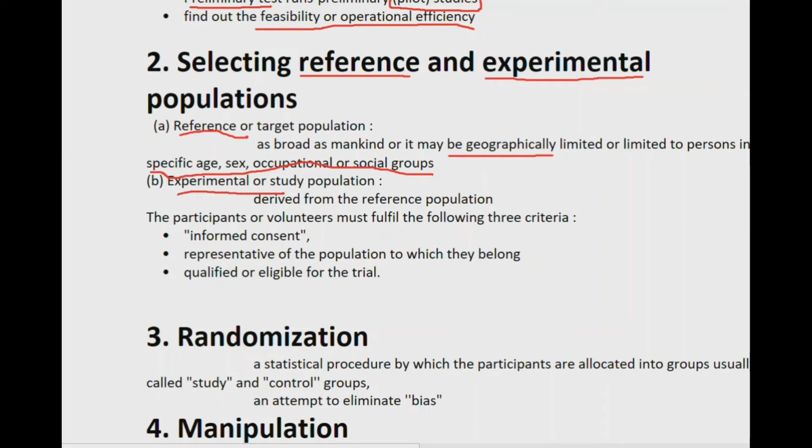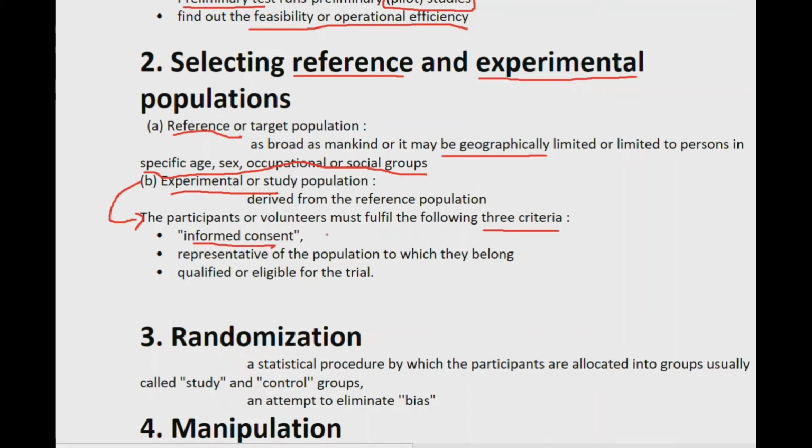For selecting the experimental group, there must be 3 criteria. It includes informed consent. After getting the informed consent from the volunteers, we have to explain the procedure we are going to do and what outcome can be obtained from this experiment.